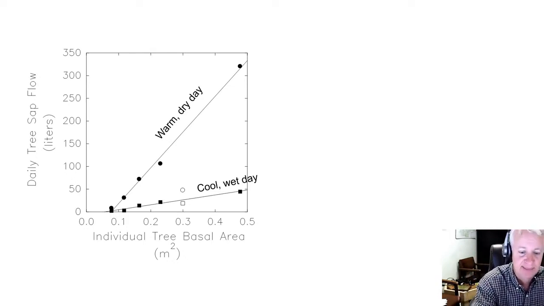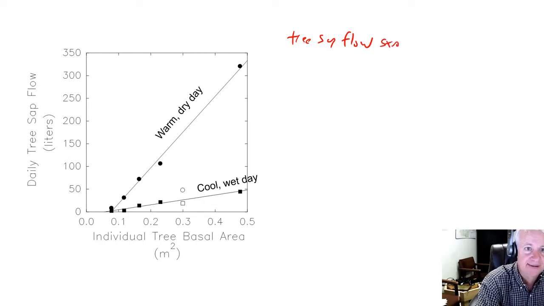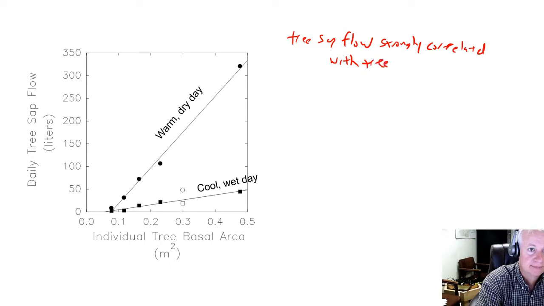So they show a couple of obvious things. Tree sap flow, in this case, and in most cases, is strongly correlated with tree size.